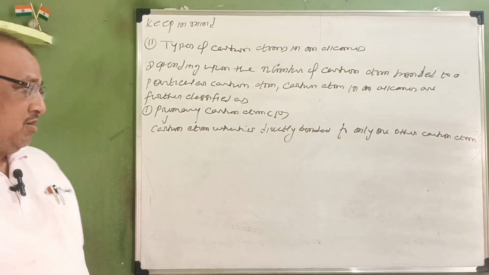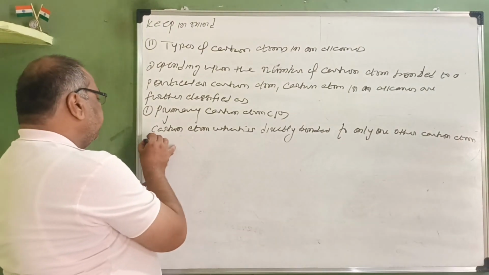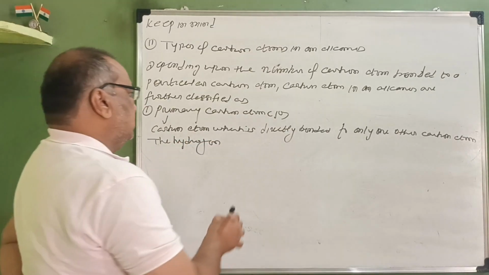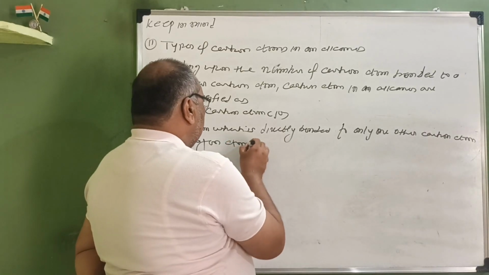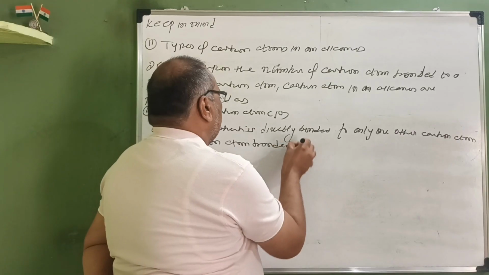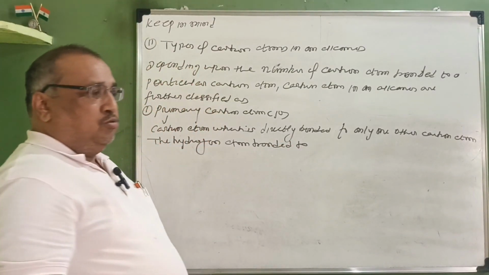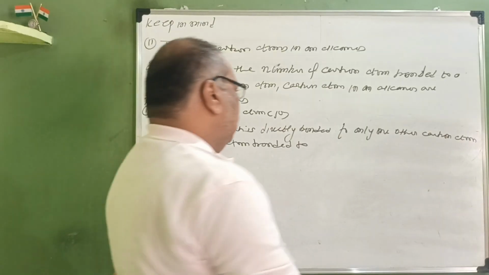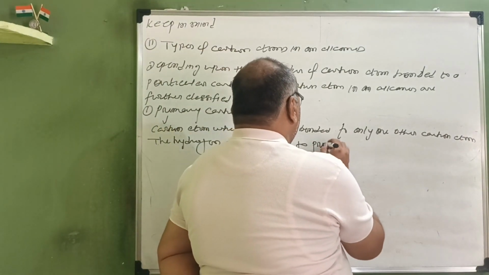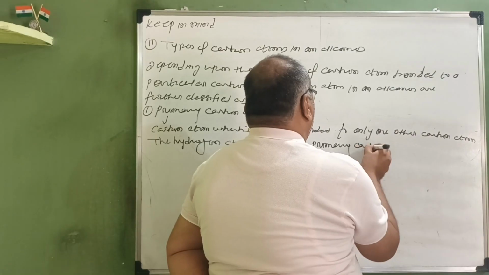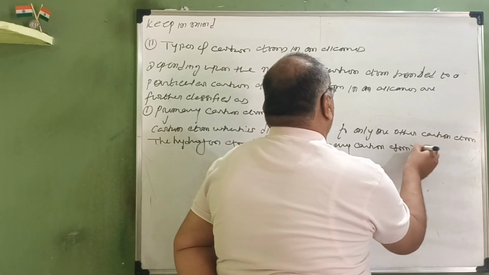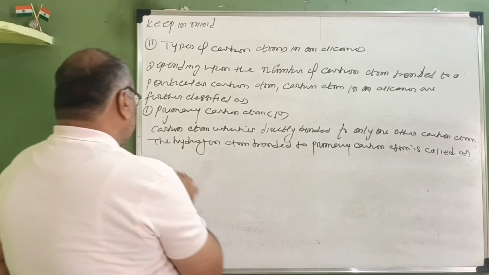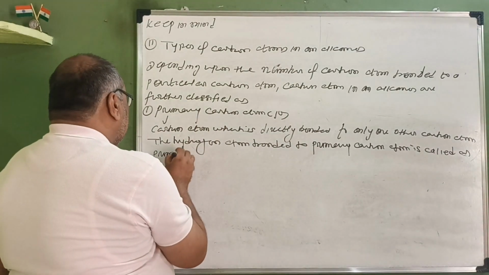The hydrogen atom bonded to the primary carbon atom is called primary hydrogen atom.